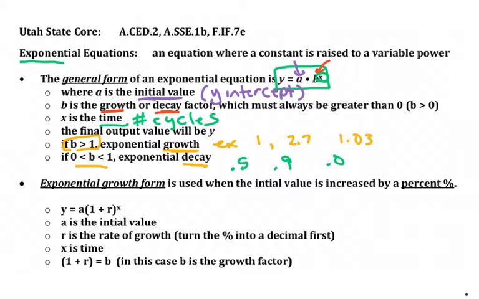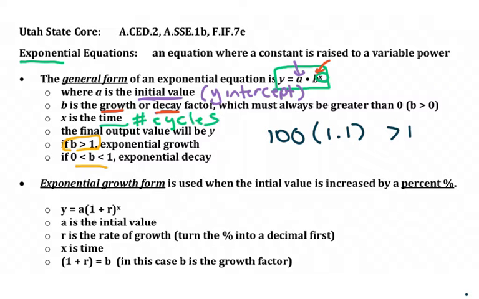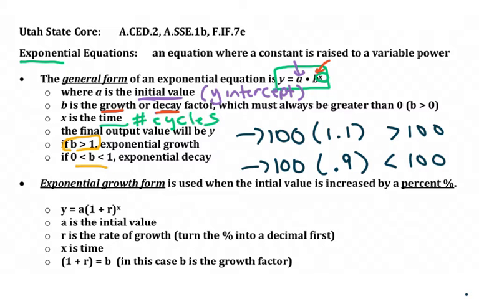If you think about it, if you take a number, let's just say 100 to make it easy, and multiply it by something bigger than 1, like 1.1, it's going to be bigger than the initial value. However, if I multiply it by something less than 1, it's going to be less than the initial value. So this is growth, and that's decay.